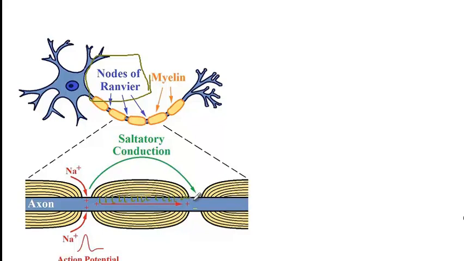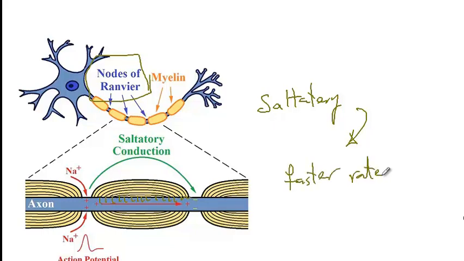Rather, there would be a jump from one node of Ranvier to another one for inducing depolarization. And this process is called saltatory conduction, which makes the transmission of impulse at a much faster rate.